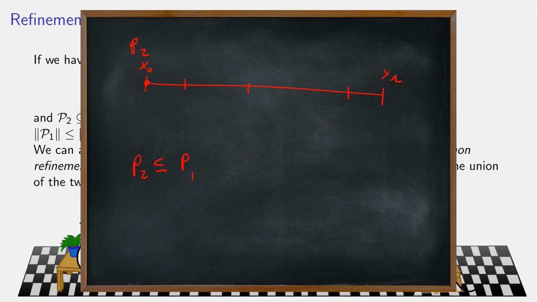In order to make this new refinement P1, I definitely want all of these points, and then maybe some others. So let's throw in some points there, and that one, and maybe that one. Because it contains all of the original points, but some of the intervals have actually been broken apart into new pieces, it's called a refinement.